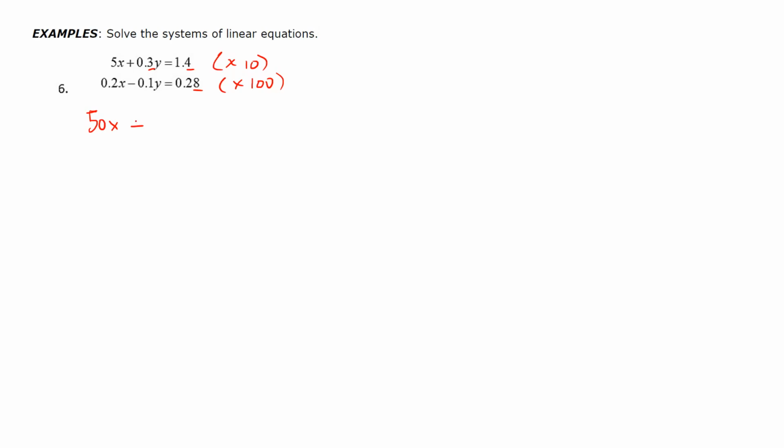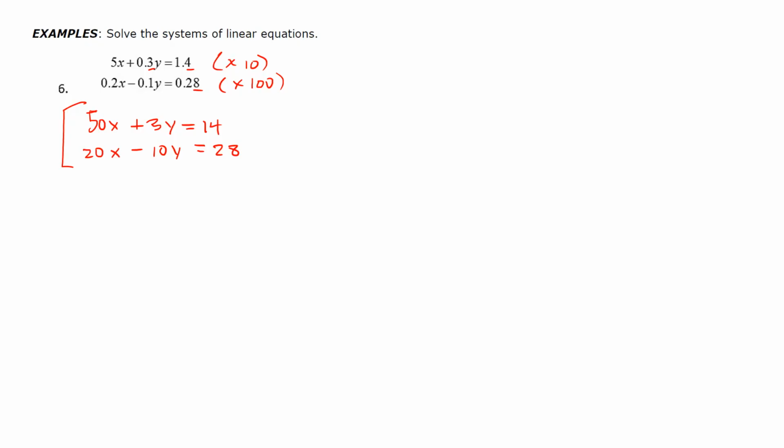So I'll have 50x plus 3y equals 14. And then I'll have 20x minus 10y equals 28. And so now that's my new representation of my system. Wouldn't you agree that this is a lot easier to work with? So now I have to determine which variable I want to eliminate, the x or the y.